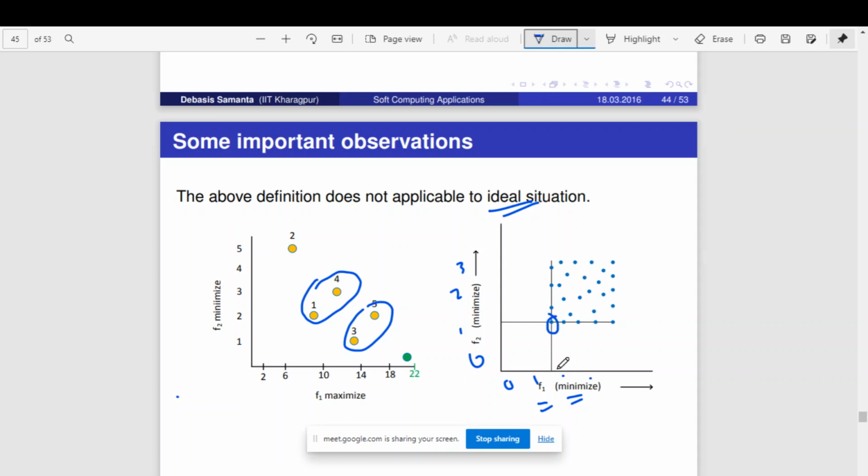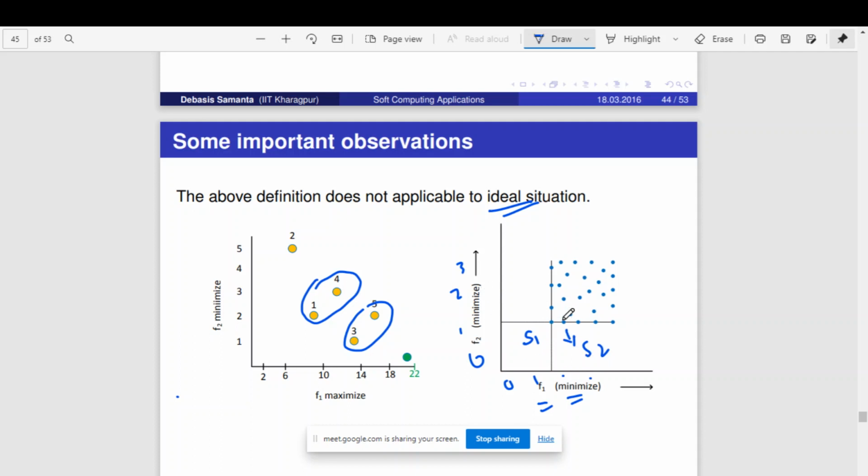Further, what is the definition of a Pareto optimal solution? The set of solutions which cannot be further improved without degrading some other objective. For example, here, let us assume this is one solution, solution 1, and this is another solution. Our objective is to move towards the left and come down.